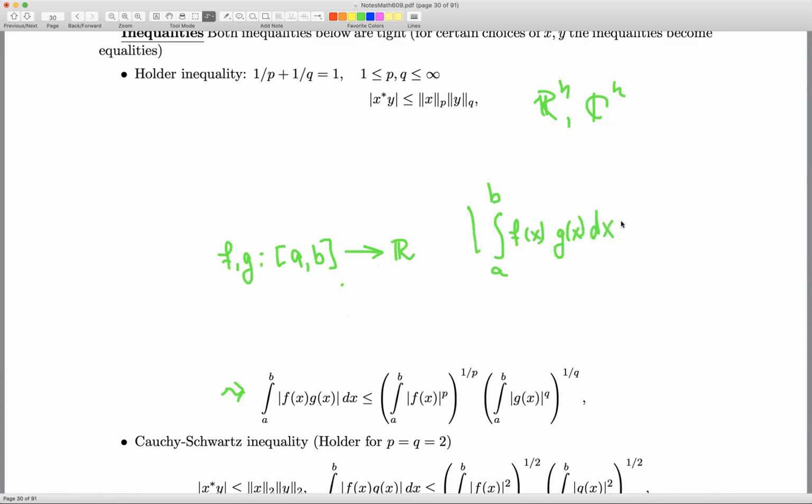And the absolute value of the inner product is this. But then this is less than or equal to, I can put the absolute value inside, so I have the integral of the absolute value of f of x times g of x dx.